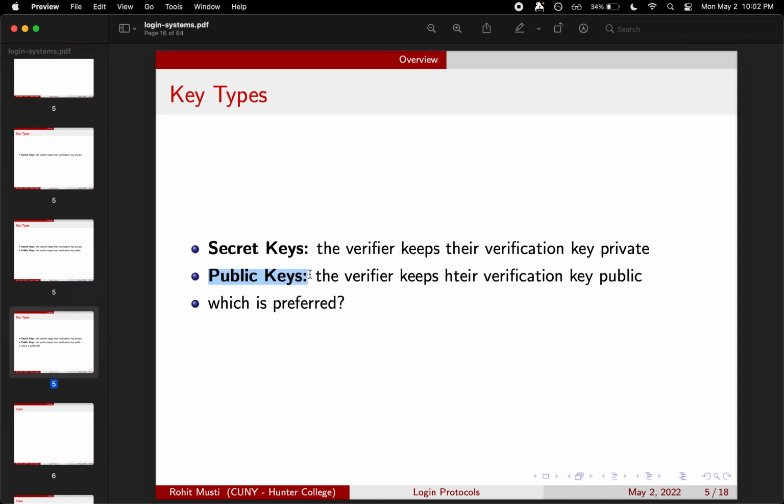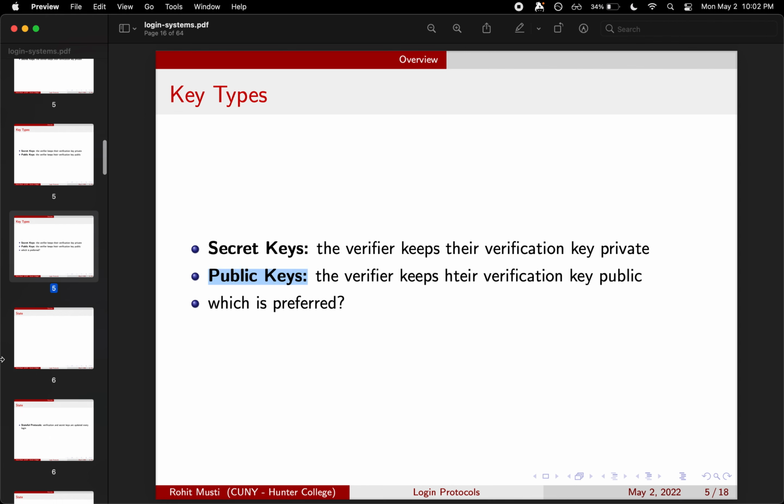The benefit to keeping the secret key is that all the information is totally private. The benefit to the public key is that the system's fully auditable. We actually tend to prefer public keys because if we use public keys, then the key being leaked does not cause any problems.